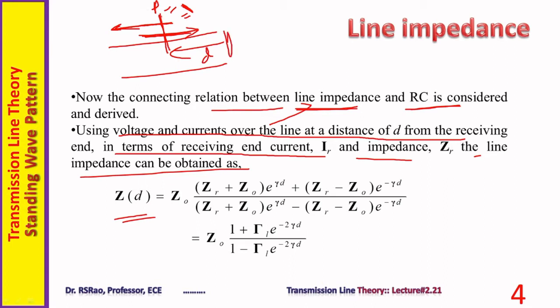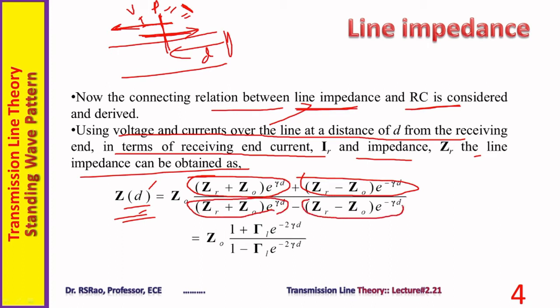At P, we have expression for V, expression for I. Now, V by I is Z. Z at d is Z0 times ZR plus Z0 e^(gamma d) plus ZR minus Z0 e^(-gamma d), divided by ZR plus Z0 e^(gamma d) minus ZR minus Z0 e^(-gamma d). Note, the first term is the forward wave, the second term is the reflected wave. In the bottom also, the first term pertains to forward, the second term pertains to reverse.